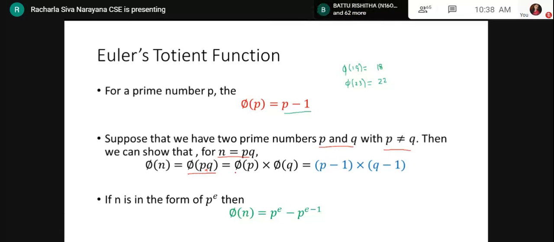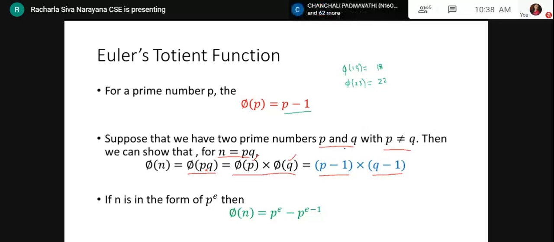Then phi of pq can be written as phi of p into phi of q. For p we have p minus 1 relative primes, and for q we have q minus 1 relative primes.